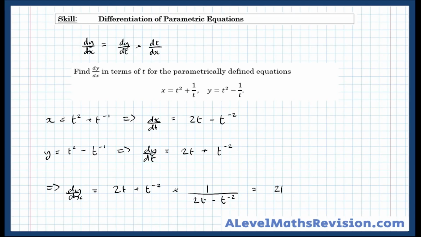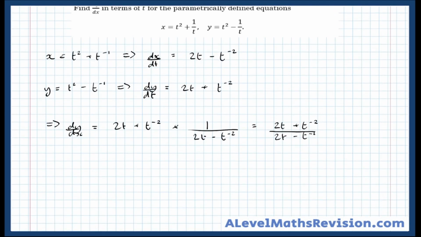Combine them all over the same fraction, 2t plus t to the minus 2 over 2t minus t to the minus 2. And if we simplify that, what it actually means is 2t plus 1 over t squared, over 2t minus 1 over t squared. Fractions over fractions are never a good thing.